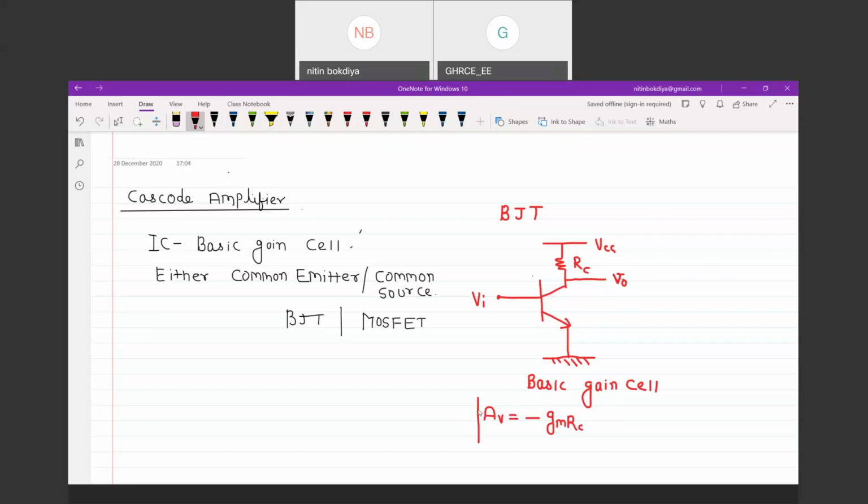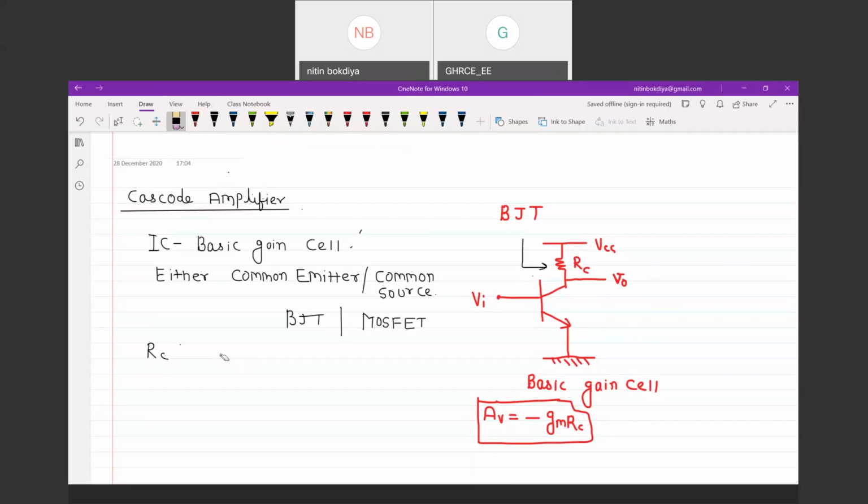How can we get a better result? We are looking for an alternative to RC. What is the problem with RC?